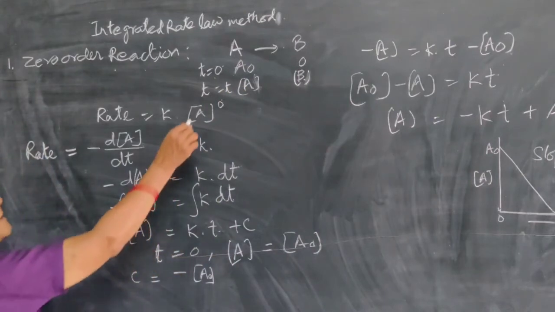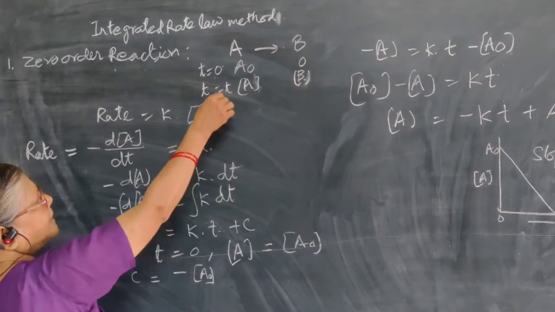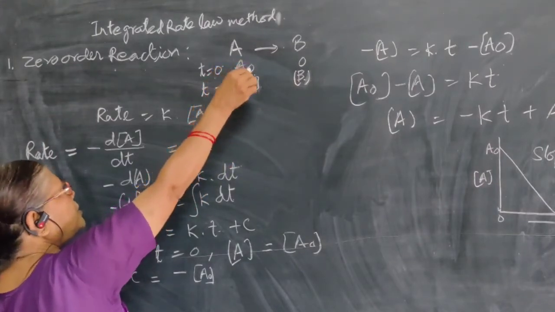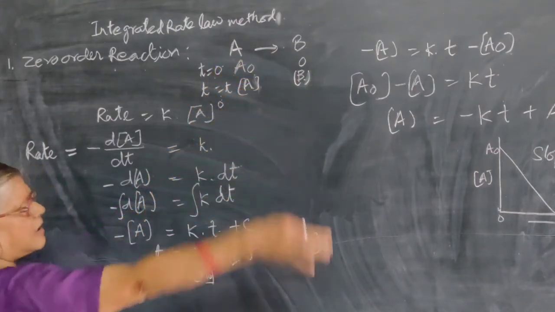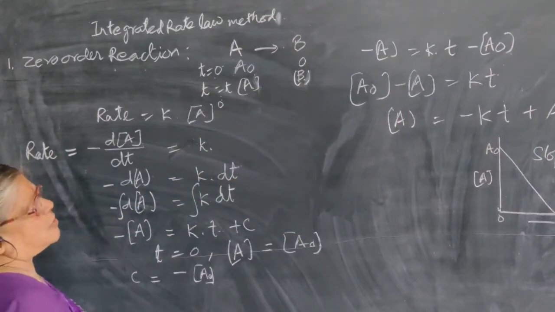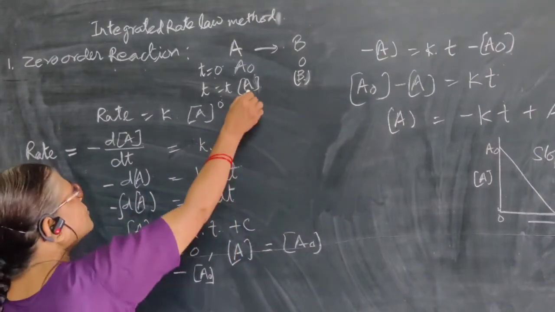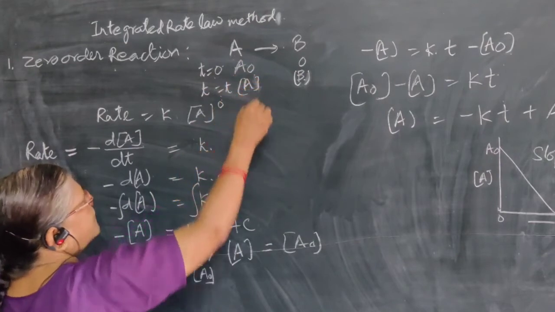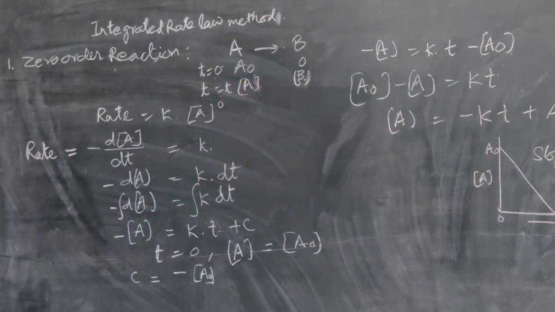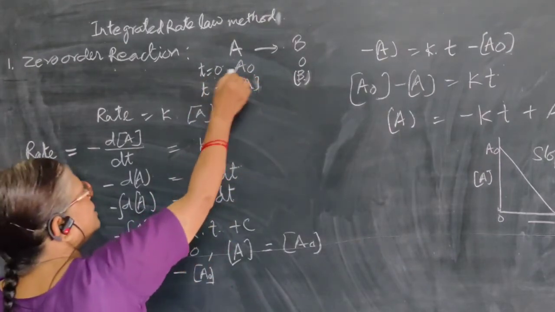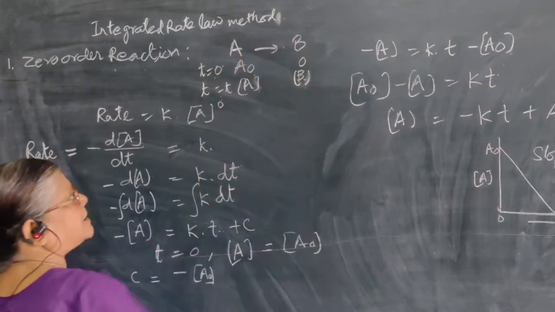And after time t, the concentration of A is A. You can take another variable if you want, but I have taken the concentration of A as A, and at t equal to 0 the concentration is A0.